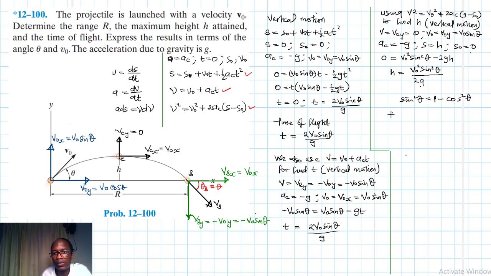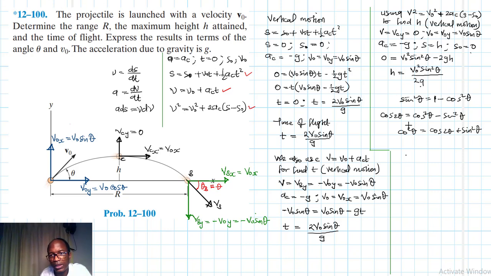cos 2 theta is equal to cos squared theta minus sine squared theta, and making cos squared the subject of the formula, this just becomes cos 2 theta plus sine squared theta.